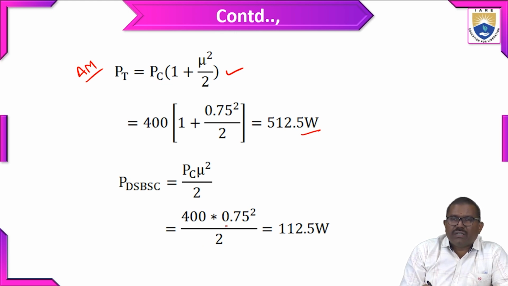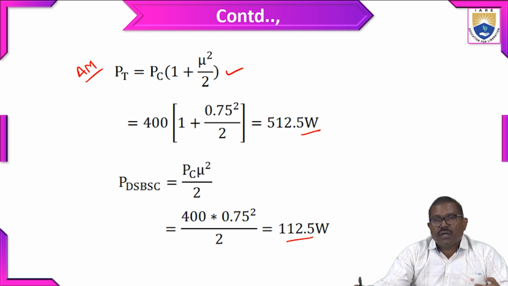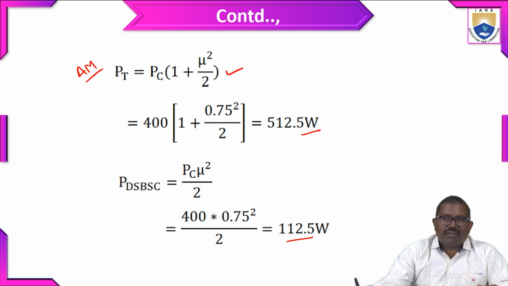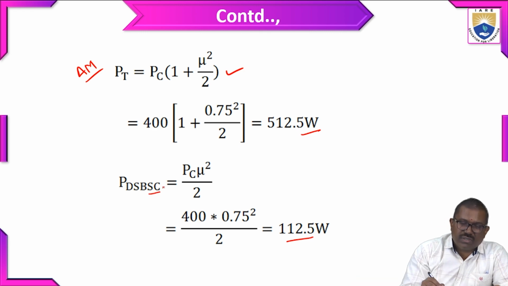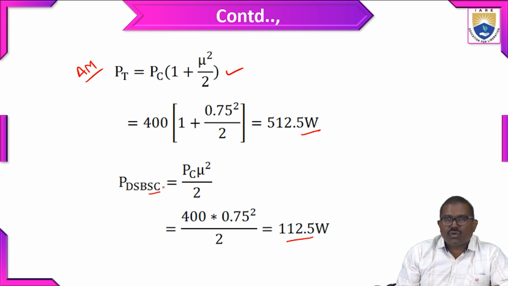Here you get 112.5 watts. So you can conclude from this problem that the power required for DSB-SC is very much less than AM. That is why we suppress the carrier. Okay.